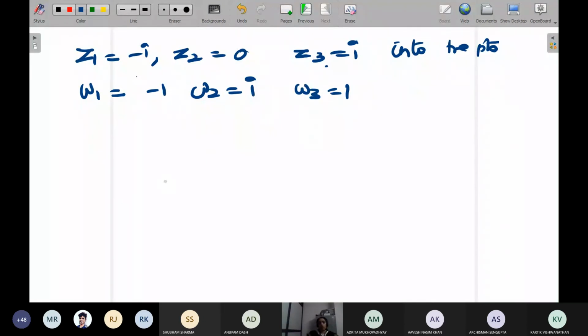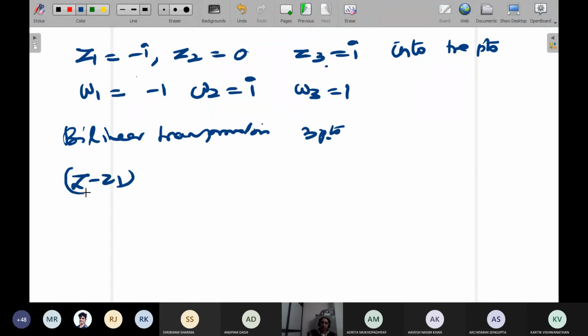Okay, so we know the bilinear transformation of 3 points is given by, I can write it in terms of W and Z because we have that form only, right?